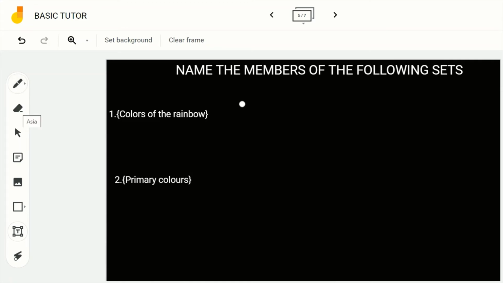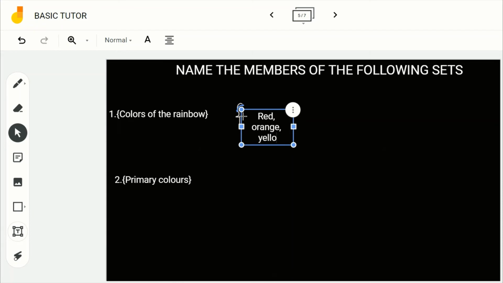So I draw my braces. Then I can enter the colors of the rainbow. We have red, orange, yellow, green, blue, indigo, and violet.